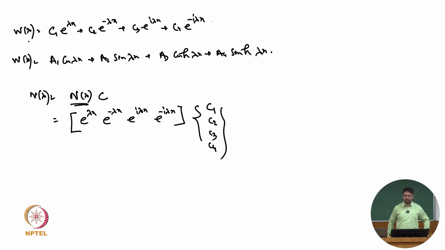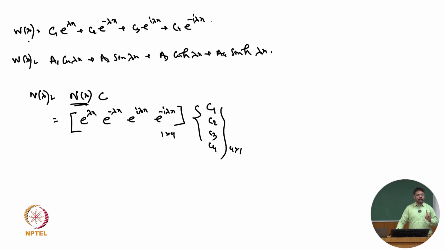I just write that expression as a matrix multiplication, or maybe you can say multiplication of two vectors. Agreed? Because this vector is 1 cross 4 and this is 4 cross 1, so their multiplication will give me 1 cross 1.